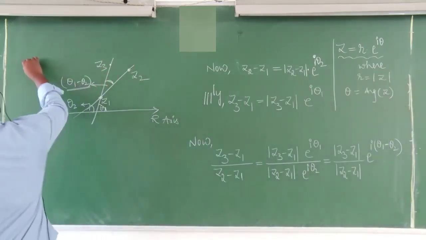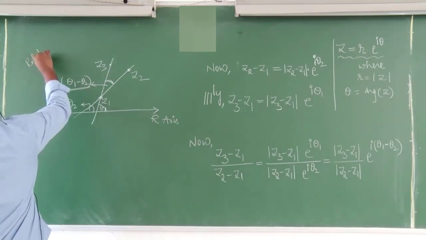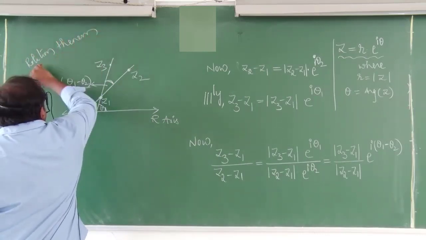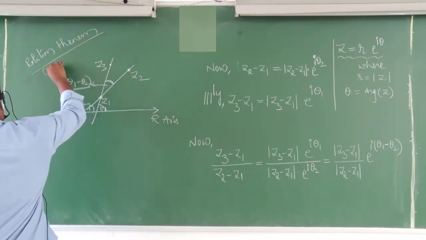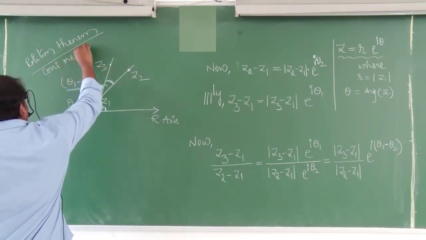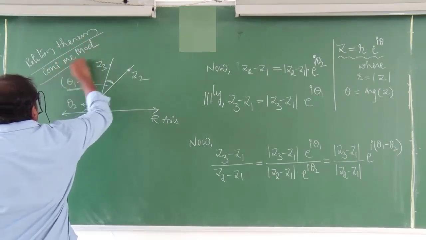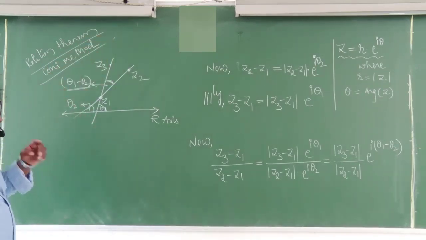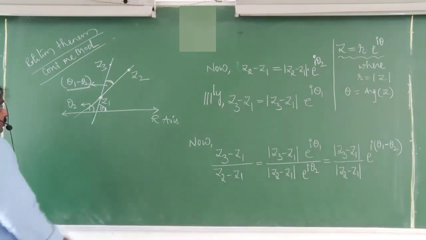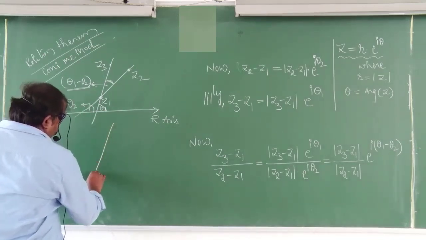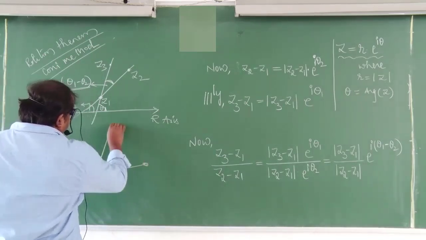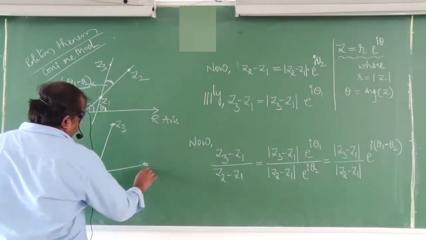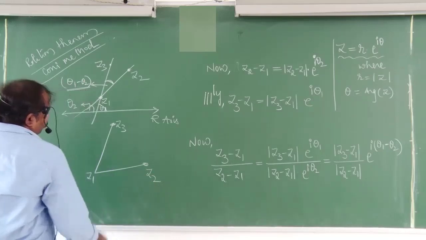A number of times we have given more. Today we will discuss in detail the rotation theorem, also known as the Coney method. So this is the relation. The simple logic is, if you observe the diagram totally, let this be Z3, this be Z1, this be Z2.